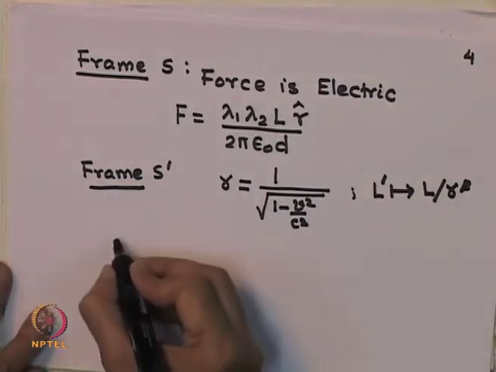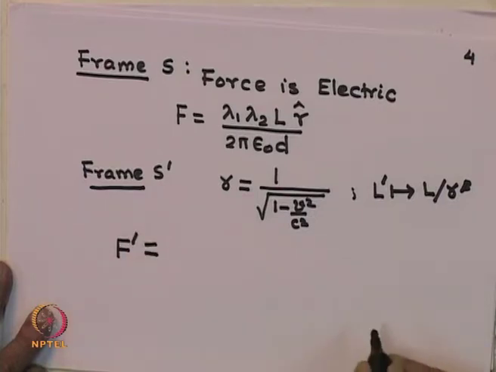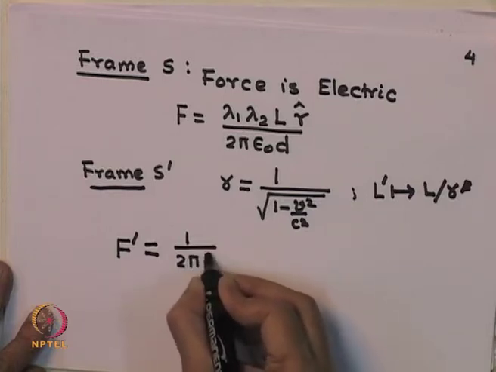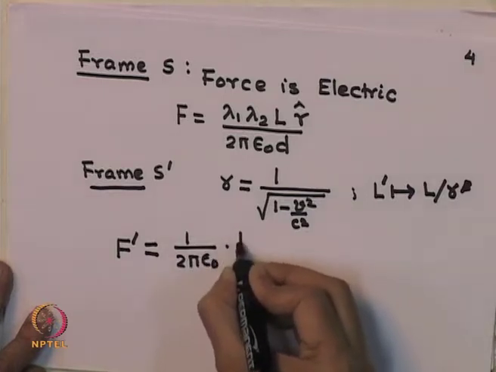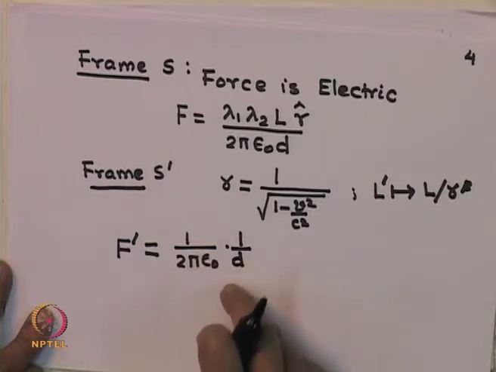So, as a result, the electric force that is calculated by the observer S prime is 1 over 2 pi epsilon 0. Now, remember that the distance d is along the transverse direction, and since my observer is moving along the x direction, there is no contraction or expansion of this length.